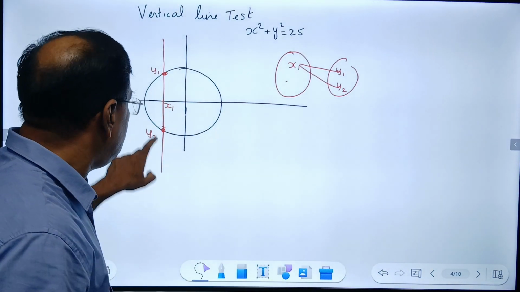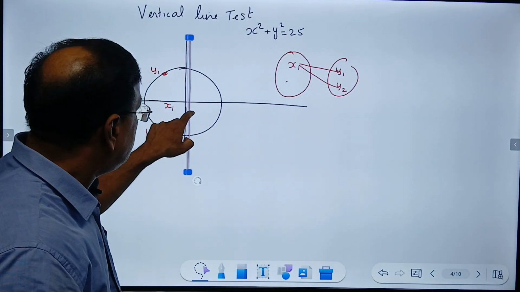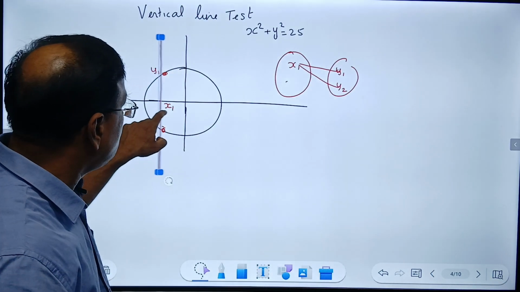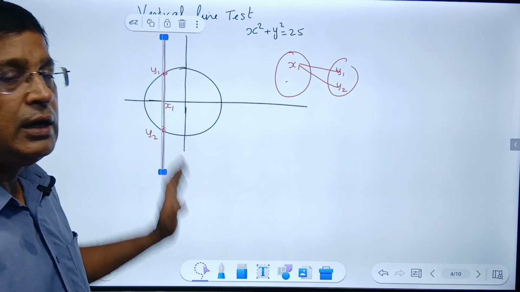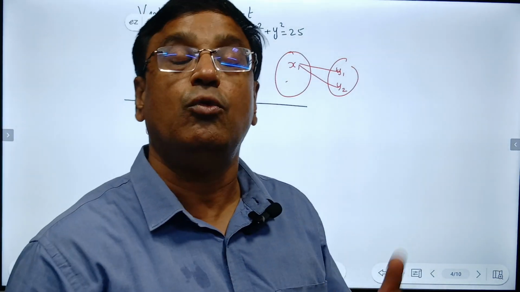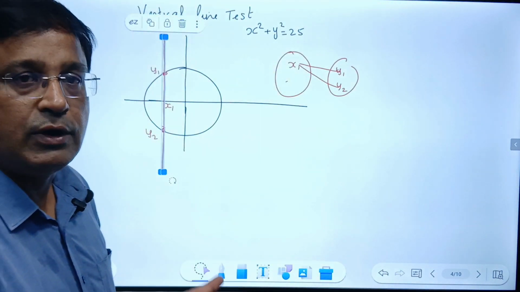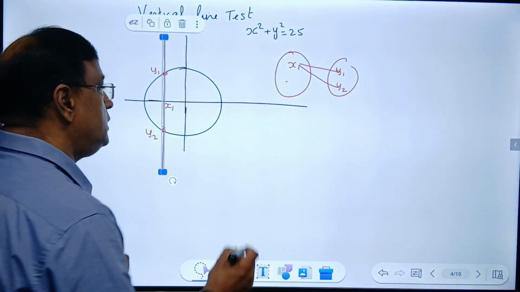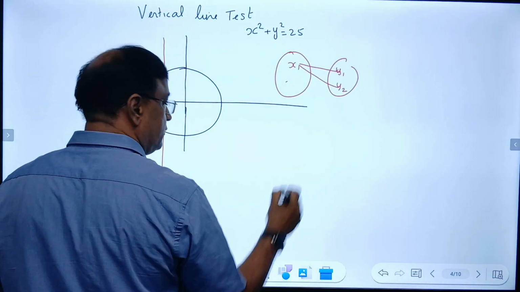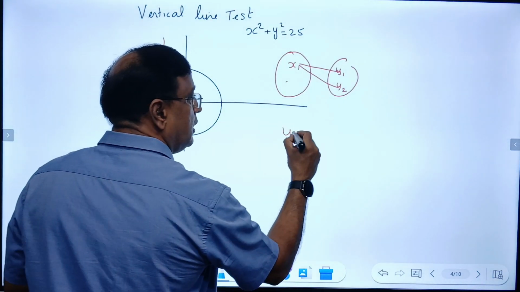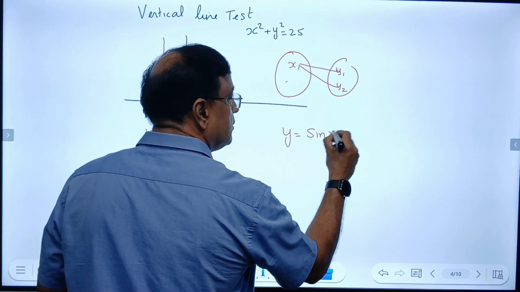If you move this wherever you want, at every point it intersects the graph at 2 points. So if the vertical line intersects the graph at more than 1 point, it is not a function. Okay. Let's take another example. Let us take the graph of y equal to sin x, which you have studied in class 11th.